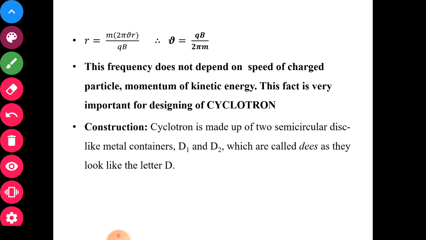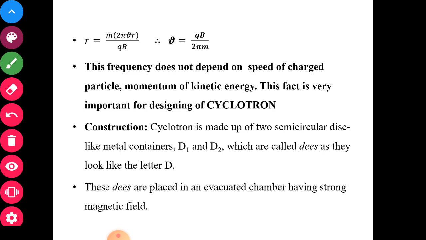Construction: first of all we have to understand that a cyclotron is made up of two semicircular disc-like metal containers, that is D1 and D2. These D-shaped discs are semicircular and are called the Ds, as they look like the letter D. These D-shaped boxes are placed in an evacuated chamber having a strong magnetic field.